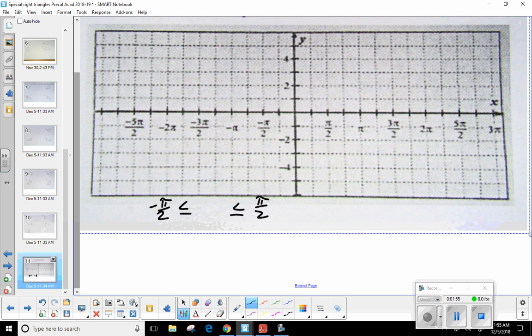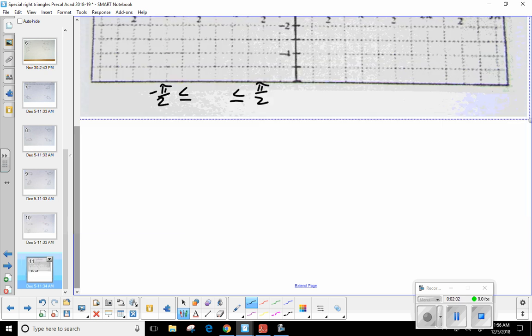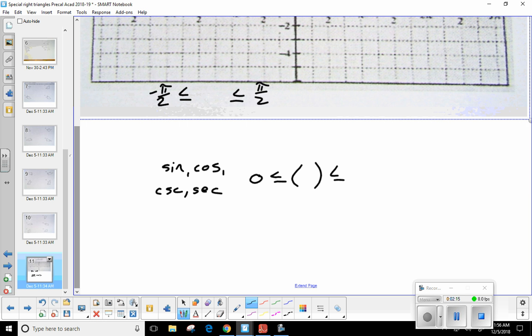Yes. Do you want me to write the other ones out? No? Yes? Okay. So if you're wanting to graph sine, cosine, cosecant, or secant, you're going to go ahead and say 0 less than or equal to whatever your parentheses is, less than or equal to 2 pi.